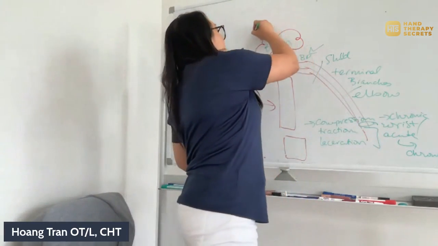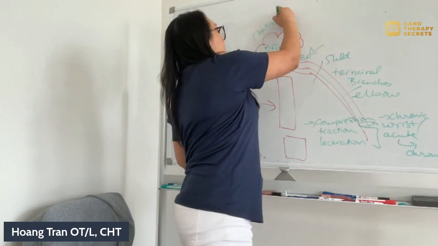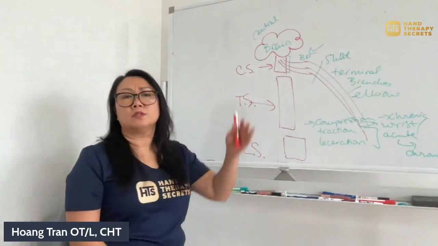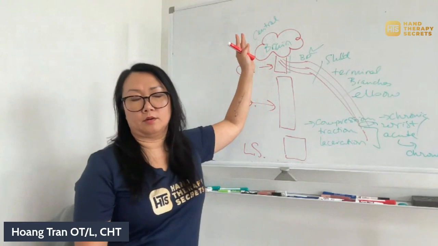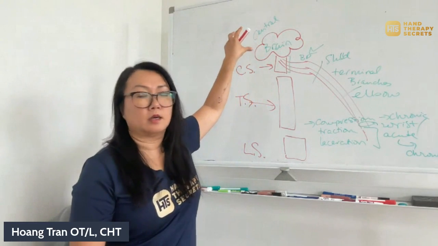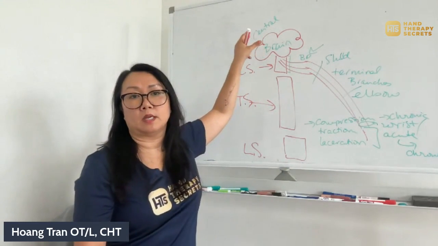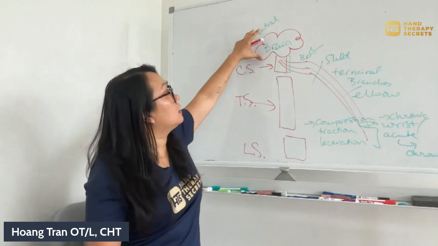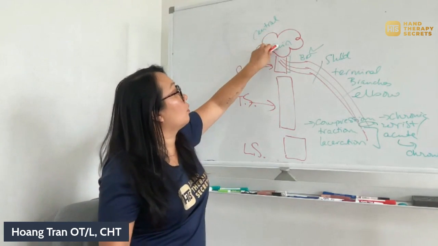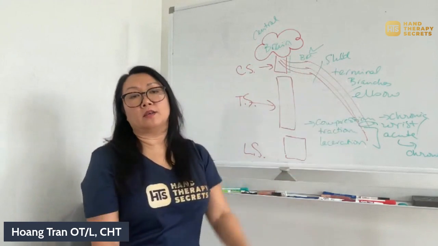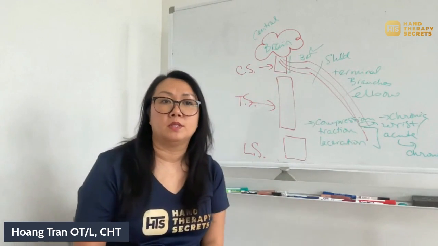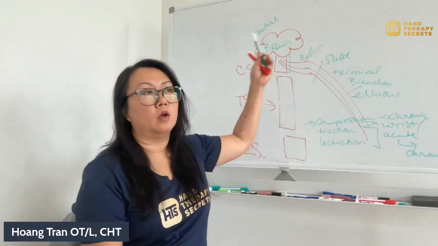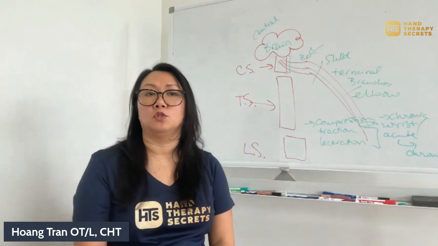And then when you have a central nervous system injury, such as a stroke, and there are various other central nervous system types of injury, but stroke is one major one, the injury is to the brain, and it's going to affect the arm in a different way. But these are all different types of nervous system or neurological injuries.